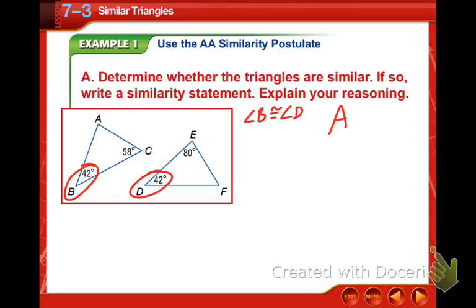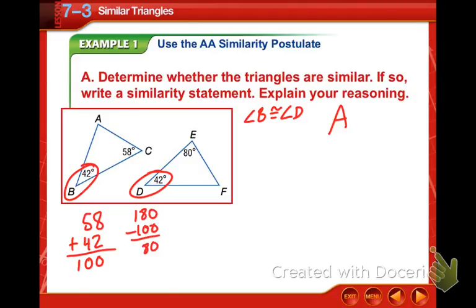So that means we know that the sum of the angles is 180. So we can do 58 plus 42 and see what we get there. That's going to get us 100. 180 minus 100 is 80.